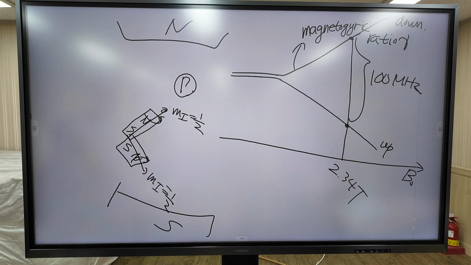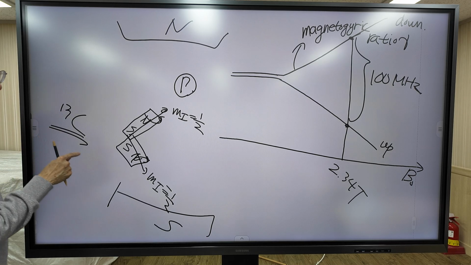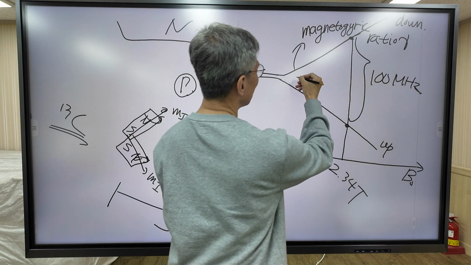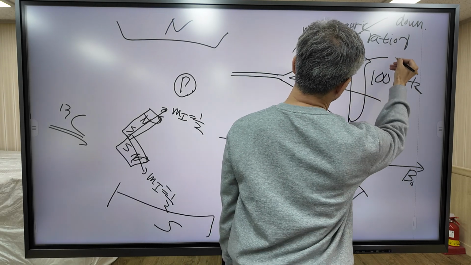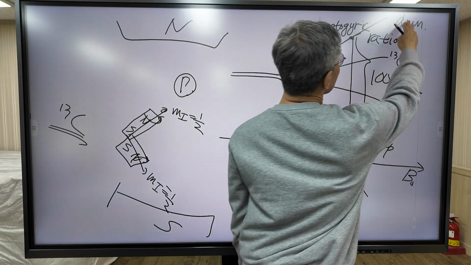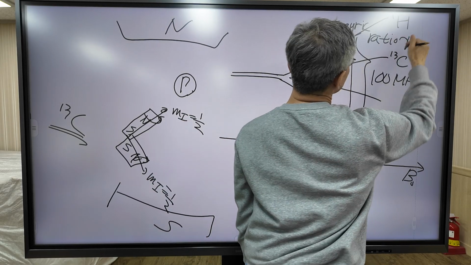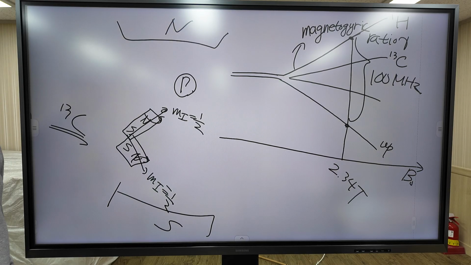And frequently, chemists also measure the carbon-13 nucleus. For carbon-13, the slope looks like this. This is carbon-13. This is proton. The slope is smaller compared to the proton.